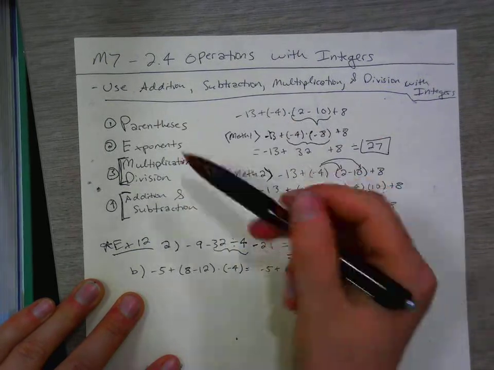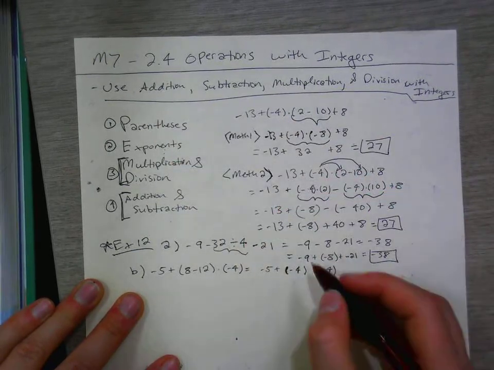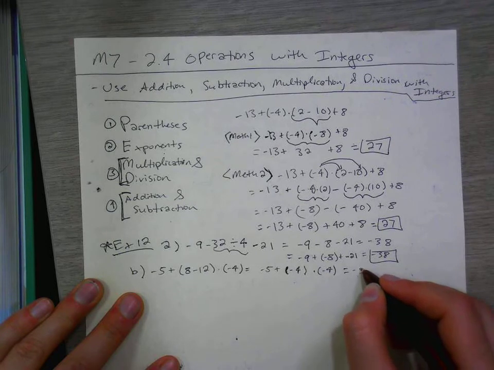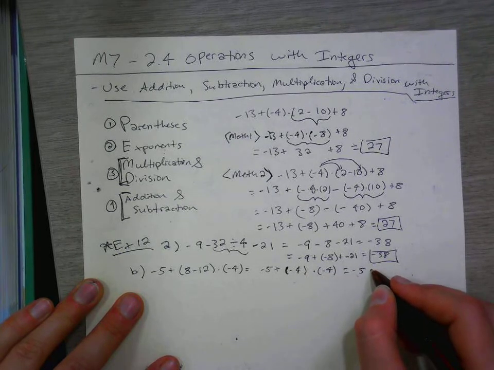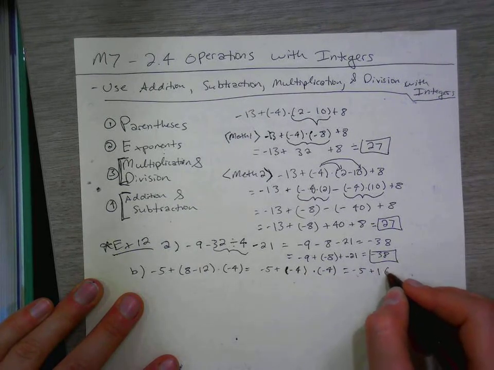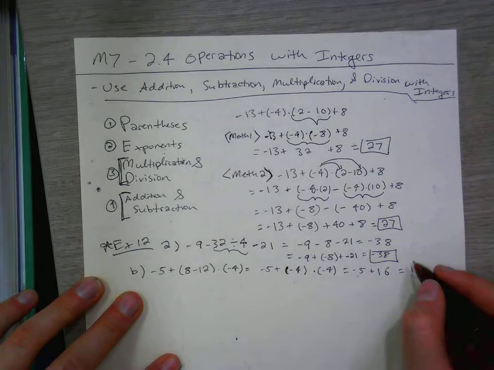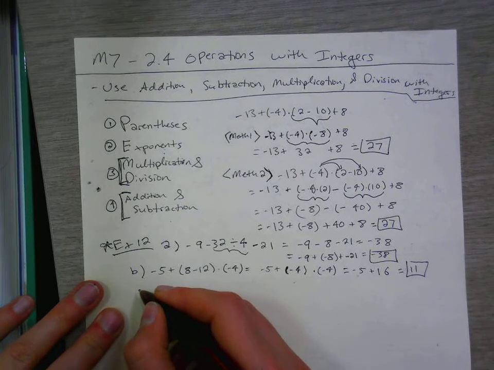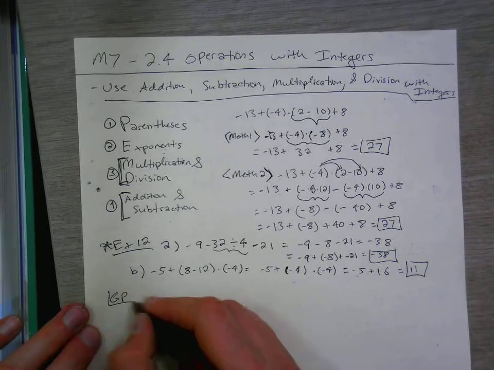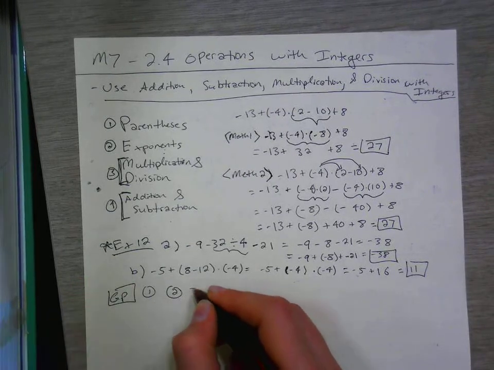Any more parentheses? No. Exponents? No. Multiplication and division. Bingo. So we have -5 plus -4 times -4 equals a positive 16. -5 plus 16 equals 11. Go ahead and try guided practice 1, 2, and 3.